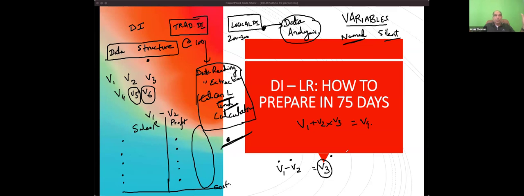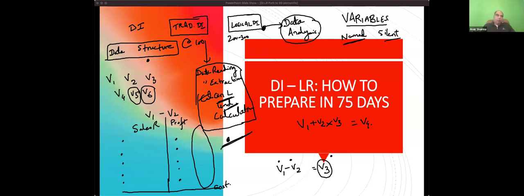So the number of variables you handle in a DI set is much more than in a CAT question. If I tell you that I was going from Delhi to Jaipur and it was a very nice day, the weather was nice, the traffic was light, I had a good car and good music, I'm telling you a story. When does it become a problem? It becomes a problem when I tell you that I was driving from Delhi to Jaipur at 70 kilometers per hour. So I've introduced a variable into the question.